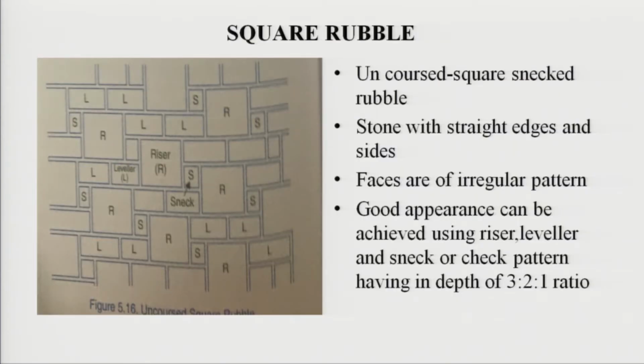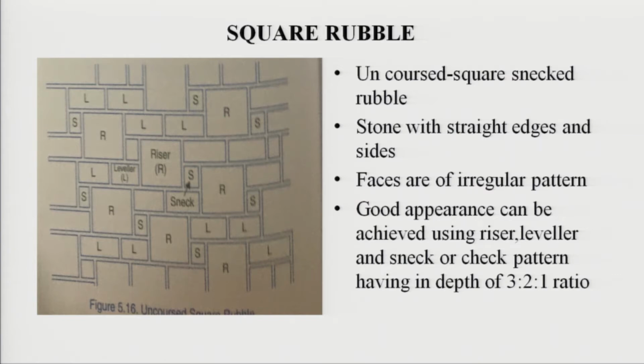Second is square rubble. Here we can see the uncoursed square snecked rubble. The stones have straight edges and sides. With instruments or tools, the stones are prepared with a straight size and straight edge.